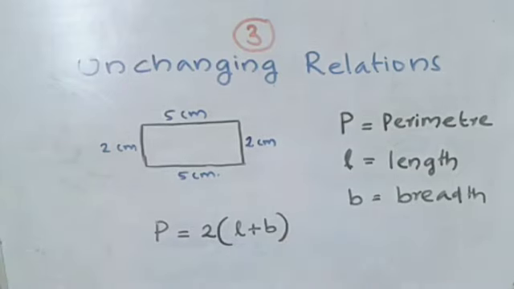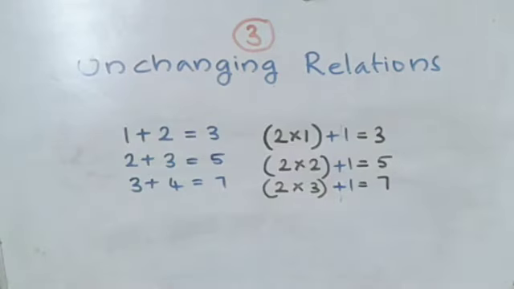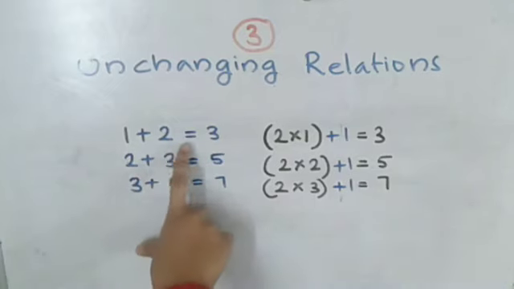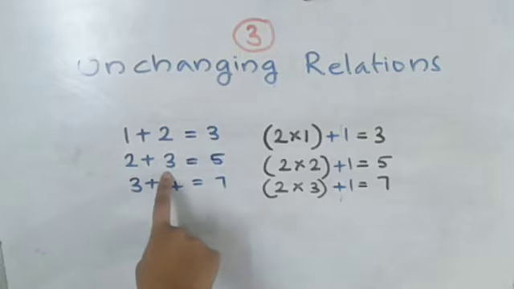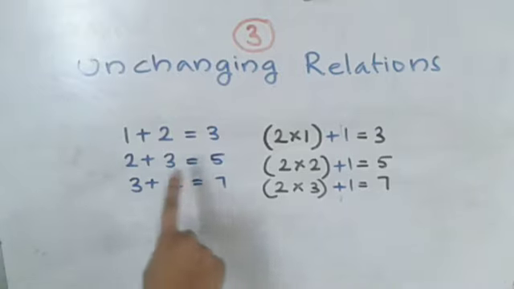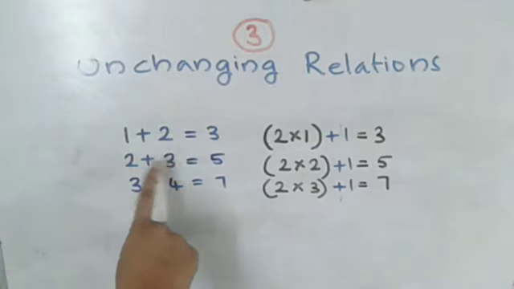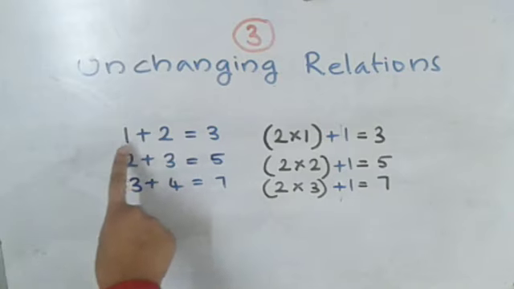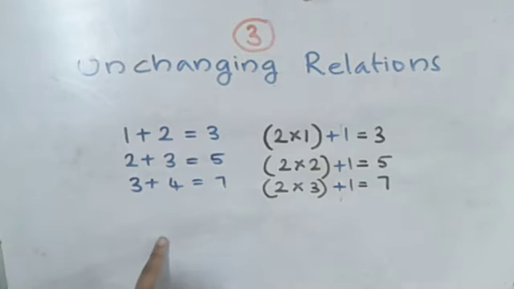Right? Okay. Now you can see here some sums. 1 plus 2 is equal to 3. 2 plus 3 is equal to 5. Then 3 plus 4 is equal to 7. We add two consecutive natural numbers. What are consecutive natural numbers?